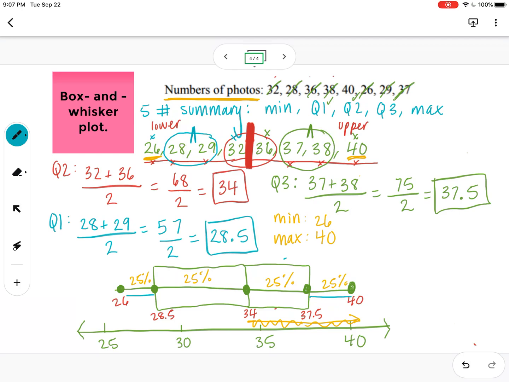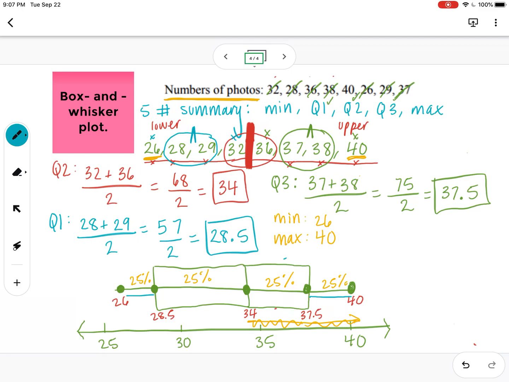In this case, they both look pretty close in size. So remember, you can always do the math to support that as well. So you would do 28.5 minus 26, which would get you 2.5. And then you would do 40 minus 37.5. And in that case, that would also get you 2.5. So you would actually find that the variation was even.